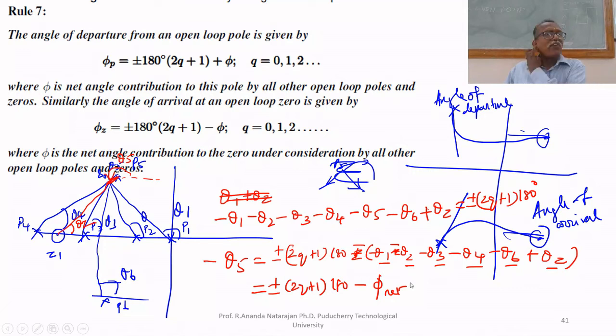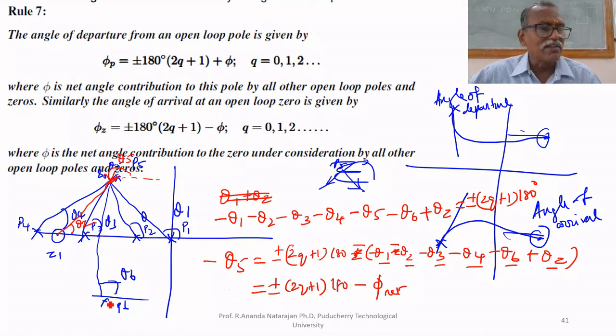Phi net is the angle made by lines joining P5 and all other poles and zeros. That's all. So I can find theta 5 simply by finding phi net. That's all.